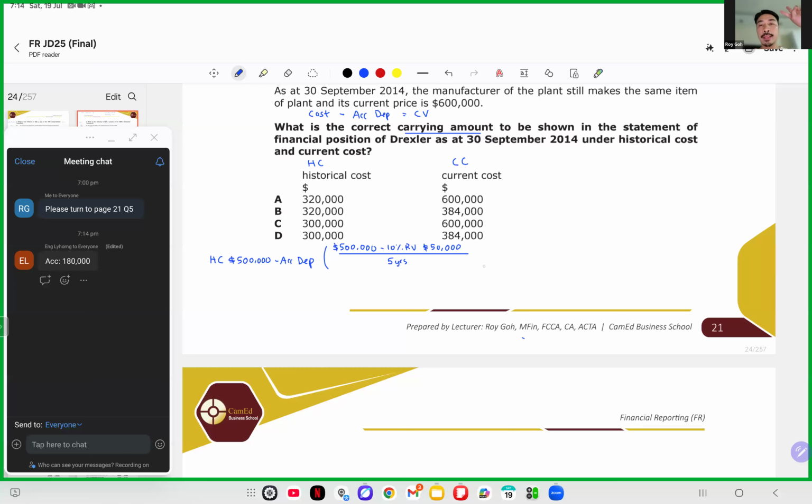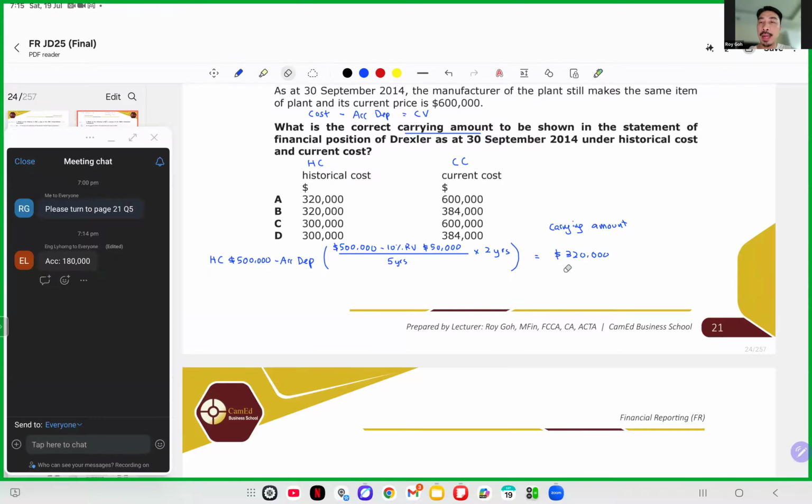And 2 years ago, I will multiply by 2 years of accumulated depreciation. So 450 divided by 5 times 2. Very good. Thank you very much for your help, Lai Hong. So this is your carrying amount. Well done. And cost minus 180. Very good. Lai Hong has provided the answer. So we take 500 minus 180, 320.